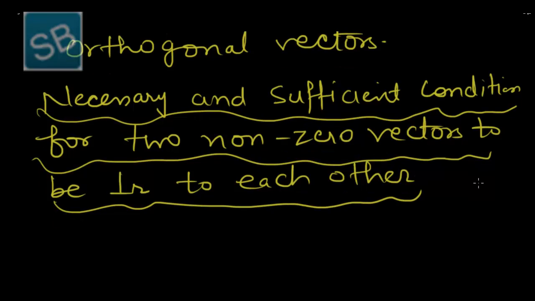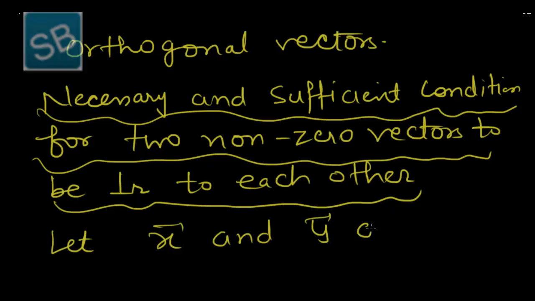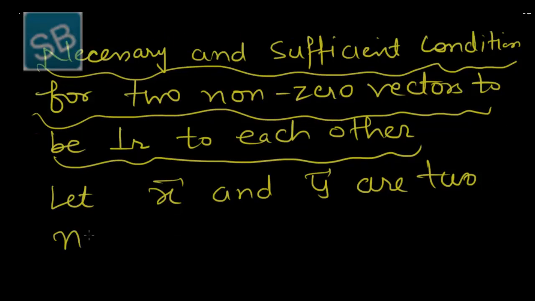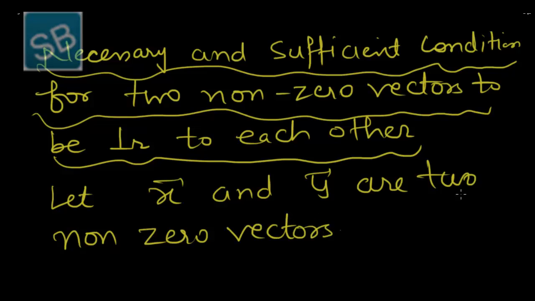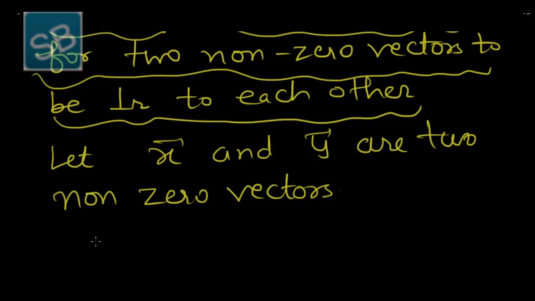That is, let vector x and vector y be two non-zero vectors, that is, vector x perpendicular to vector y.